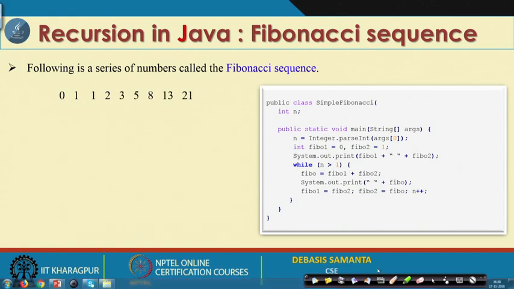That loop is declared here, and you can understand that this loop will create the series. So, this is an iterative approach of calculating the Fibonacci series. Now, let us see how the same can be done by writing a recursive function. In that case, you have to understand how the Fibonacci series can be expressed in a recursive way.